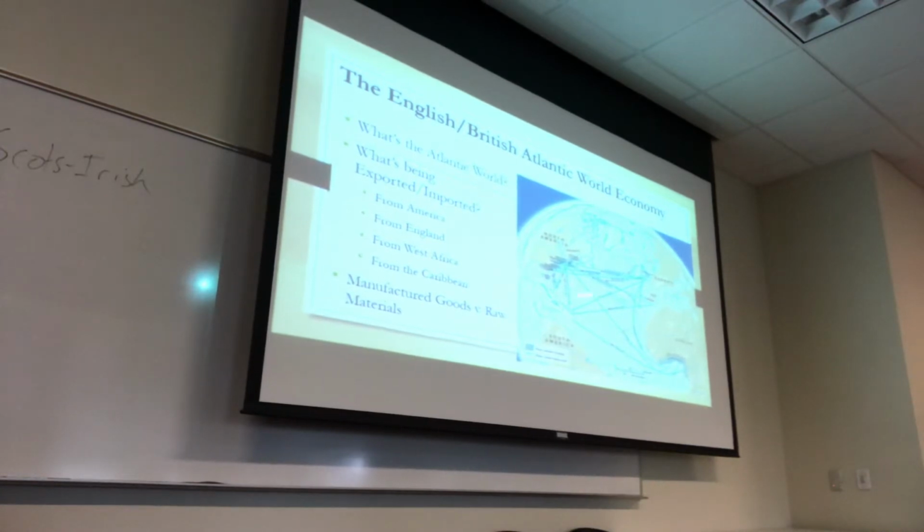That would include the Caribbean colonies, and it would include Latin America, Spanish America, and Portuguese Brazil, and it would include West and Southwest Africa. That would include Western Europe and, of course, Britain. All of these are a part of the Atlantic world.